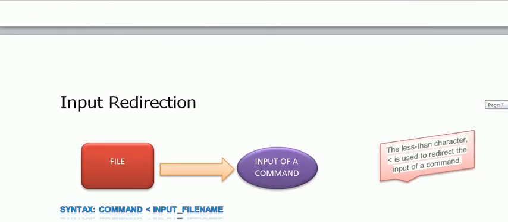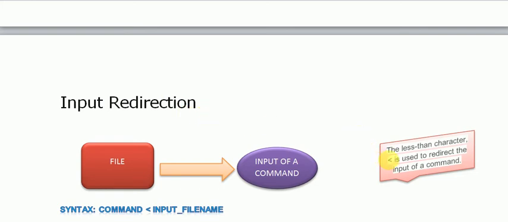For that we have to see what input redirection is. Input redirection means the input of a command can be taken or redirected from a file directly. If the input we need is in a file, then we can use input redirection to take it directly from that file.